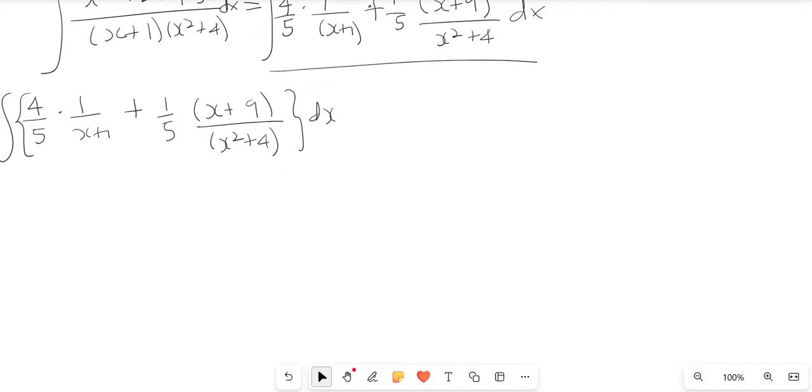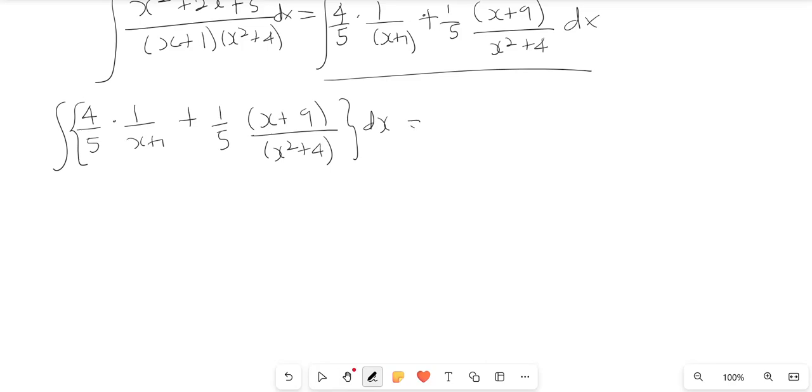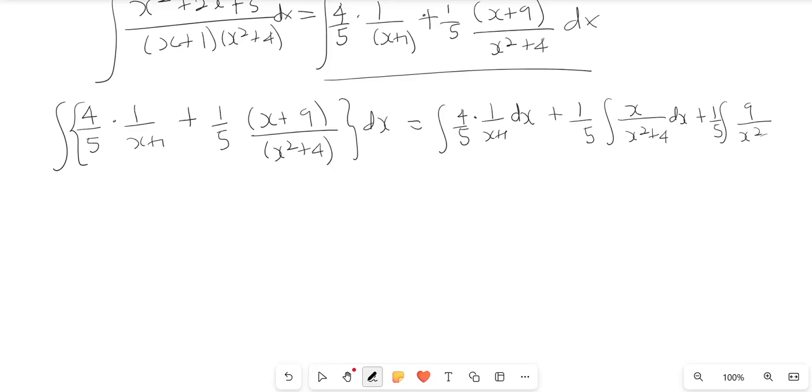This can be split into 3 integrals. The first one being the integral of 4 over 5 times 1 over x plus 1 dx, plus 1 over 5 times the integral of x over x squared plus 4 dx, plus 1 over 5 times the integral of 9 over x squared plus 4 dx.